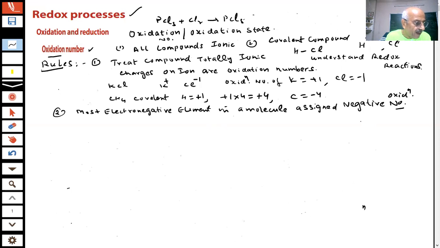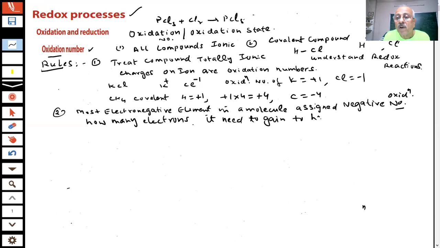And how many electrons it needs to gain, that will be the oxidation number. How many electrons it needs to gain, because the more electronegative element is gaining the electrons, to have a full outer shell. We will give you an example of that.